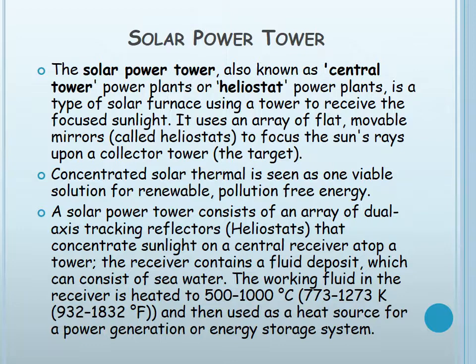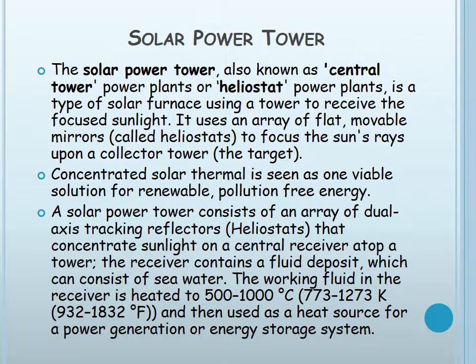Then we have concentrated solar thermal. It's seen as one viable solution for renewable, pollution-free energy. The solar power tower consists of an array of heliostats, lots of heliostats that concentrate sunlight onto the receiver, a tower.